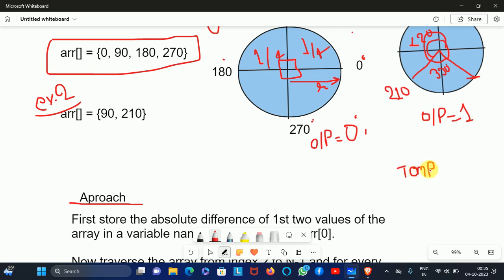First we have to find the difference between array of 1 and array of 0, that is array of 1 minus array of 0. Store this value in temp. Now this is the first step.